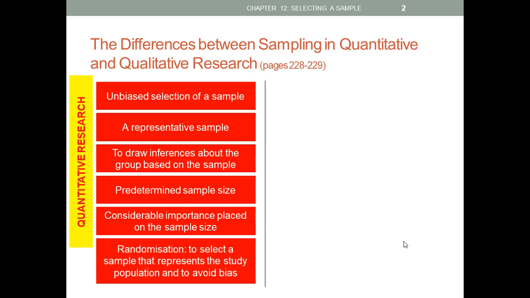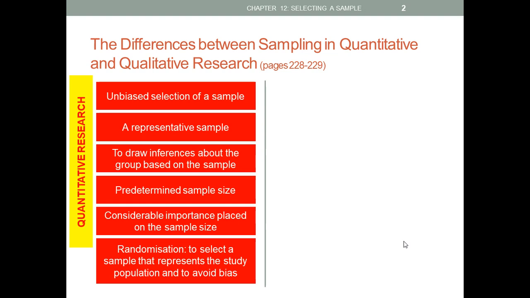The last consideration for a quantitative researcher when it comes to the issues of sampling is the concept of randomization. Randomization only applies in quantitative research sampling. It does not apply in qualitative research sampling. How does it work? It simply means 200 students out of 2,000 students are going to be randomized.